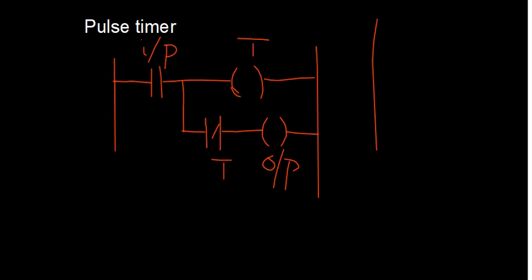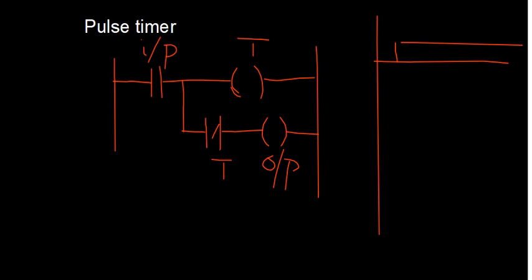So you can see here the timer contacts could be closed or it could be open here depending upon the time. So now it's going to be your output. This is the output depending upon the type of the signal here, right?